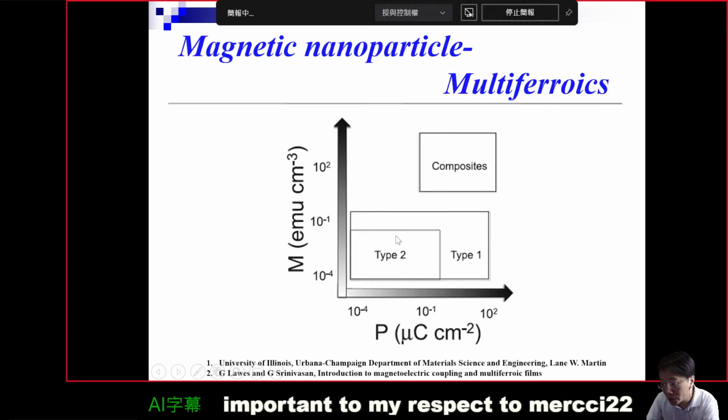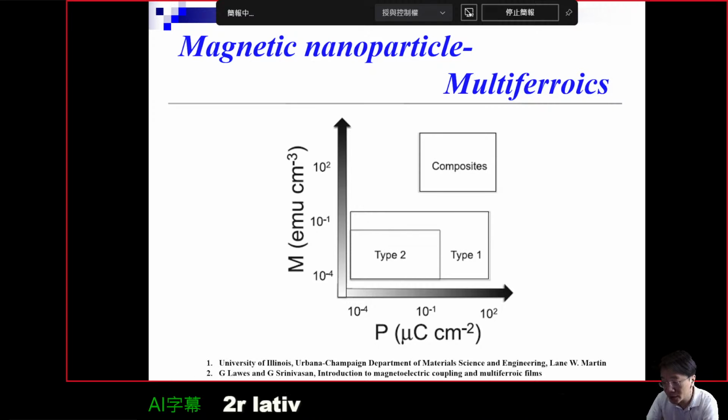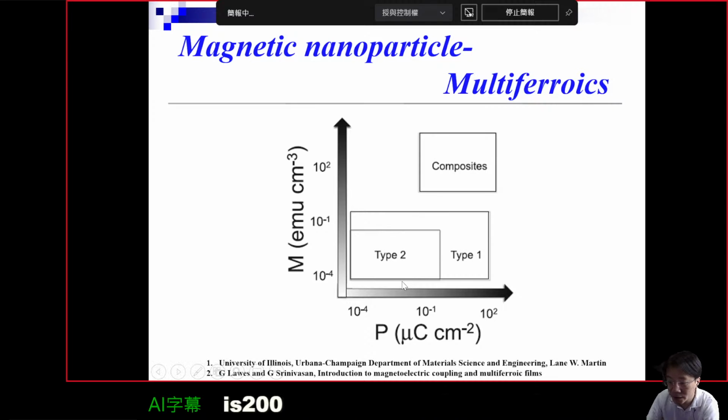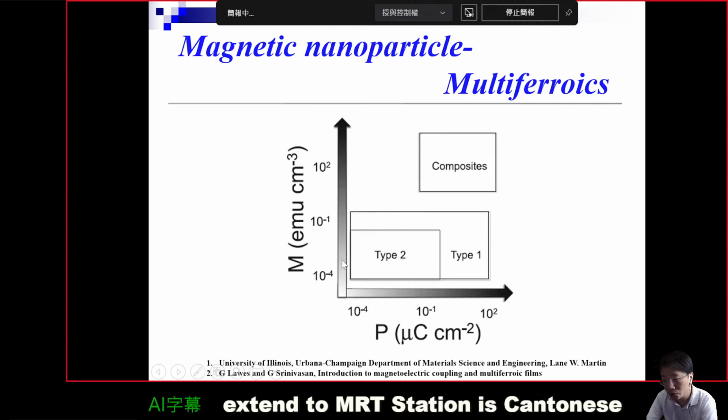But the type 2 multiferroics have narrower ranges. When we measure this kind of type 2 multiferroics, its polarization is between 10 to the minus 4 to 10 to the minus 1, and its magnetization is 10 to the minus 4 to 10 to the minus 2.